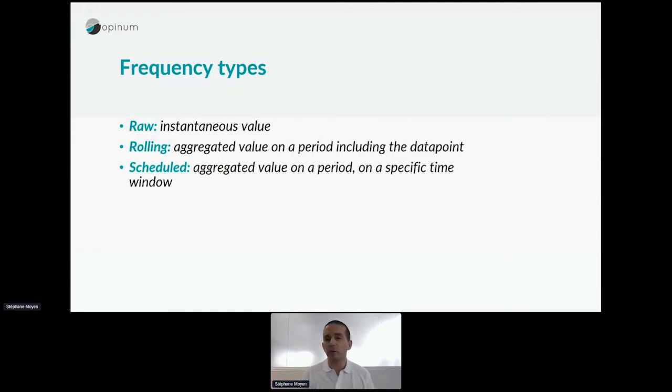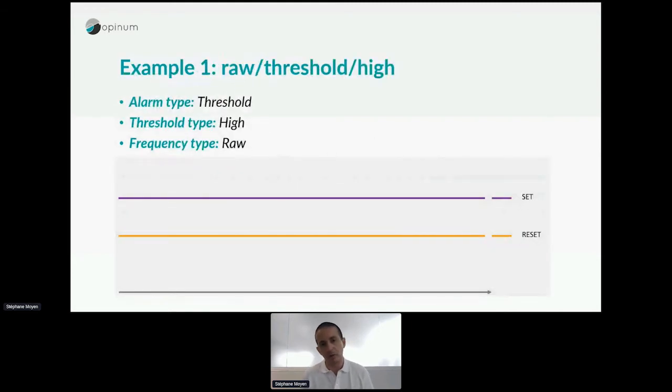So I'm going to go into 2 examples in the slides now, and then I'm going to show you the interface. The first example is going to be an example for a raw type alarm on threshold with a high type of alarm.